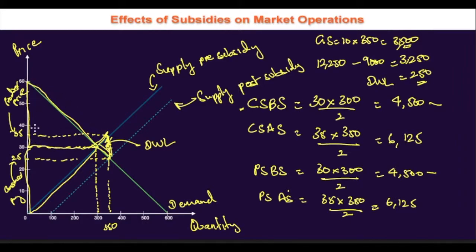If you look at that triangle, that area, you would find the consumer surplus. For producer surplus, what is the price they are willing to sell at and what price are they actually receiving. So this would be an easy way for you to find all these: the government subsidy, deadweight loss and all the surpluses.